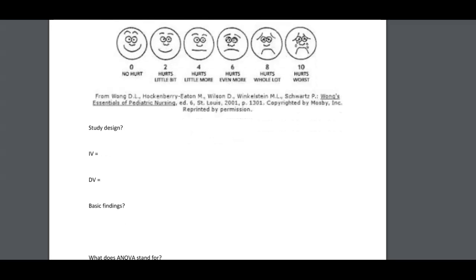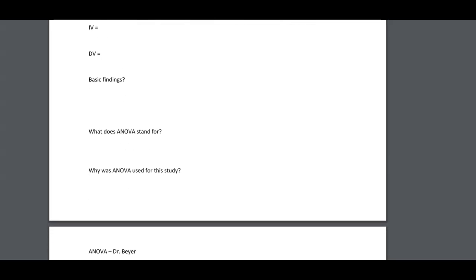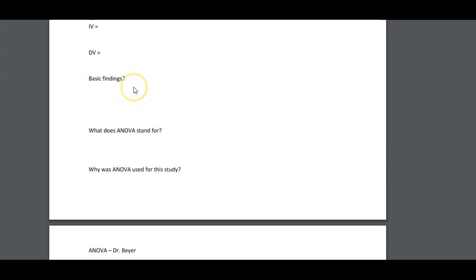So I do want you to answer these questions. What kind of study design is it: between, within, or mixed? It's not mixed because we've got our one-way. What's your IV from the study? What's your DV? That's explained in the NPR clip, and a little bit up here too. What were the basic findings from the study that they shared? Remind me what ANOVA stands for.